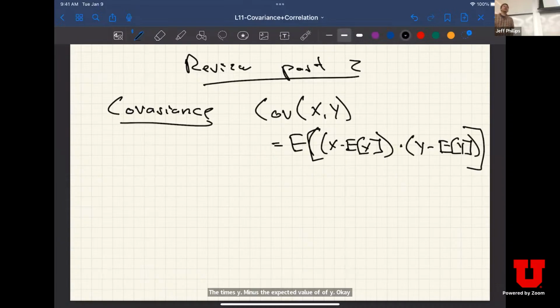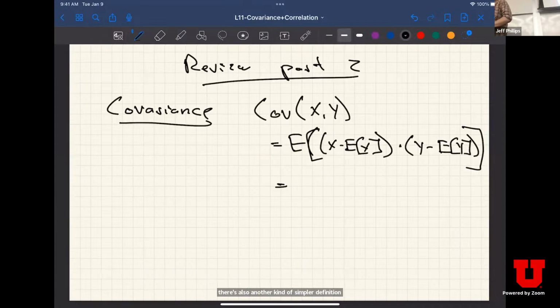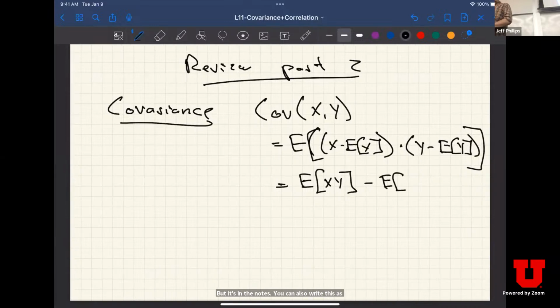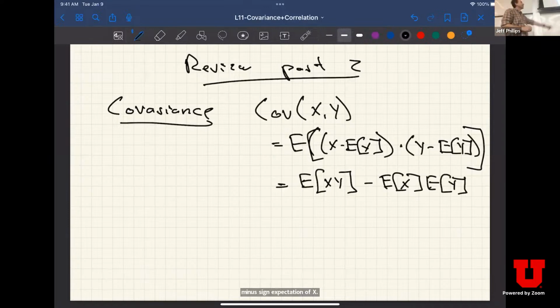Okay, and there's also another, simpler definition that you asked me so many interesting questions about that I didn't write up, and I'm saving it for here, but it's in the notes. You can also write this as the expectation of xy, minus sign, expectation of x, expectation of y. Okay, so this is an equivalent definition of it. This one might also be useful.